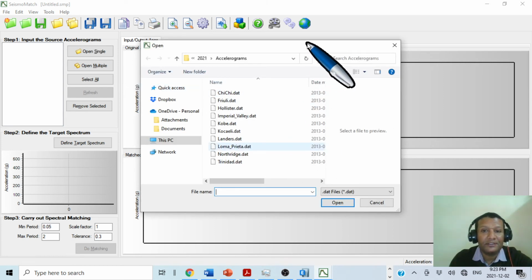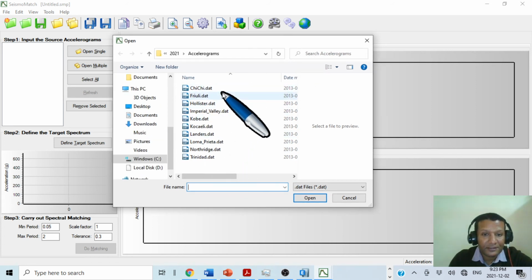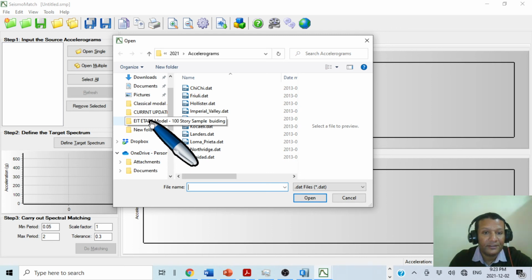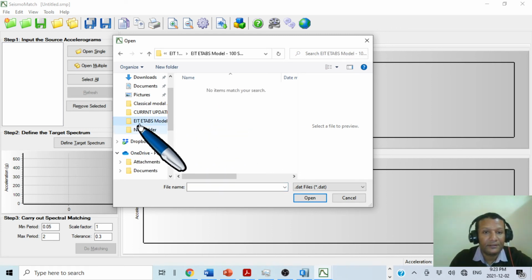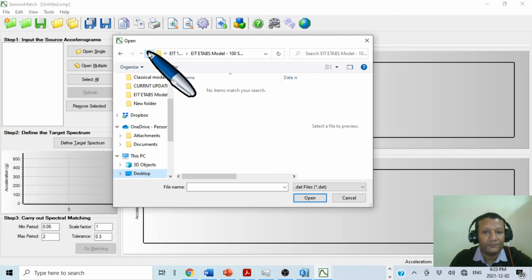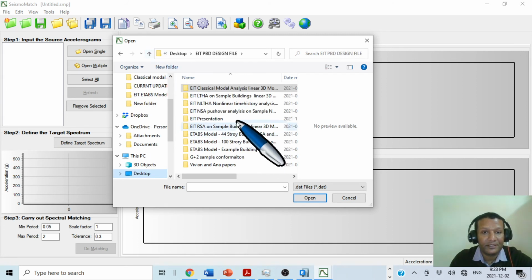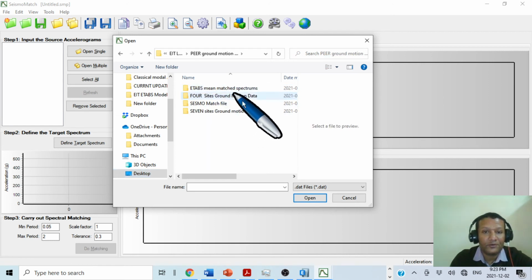For example, it has its own data, but I am going to use my own data. I am going to use the data from time history analysis. From here, pure ground motion, for example, let's go.